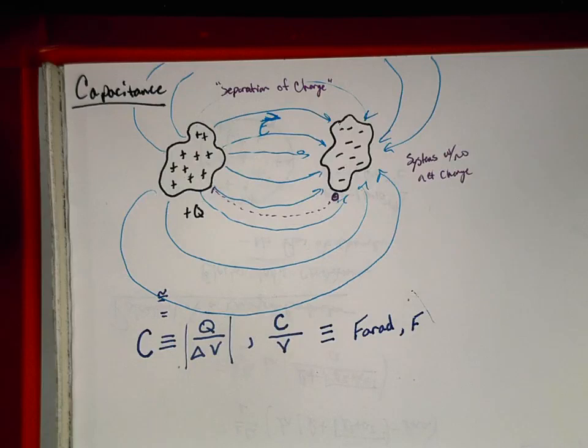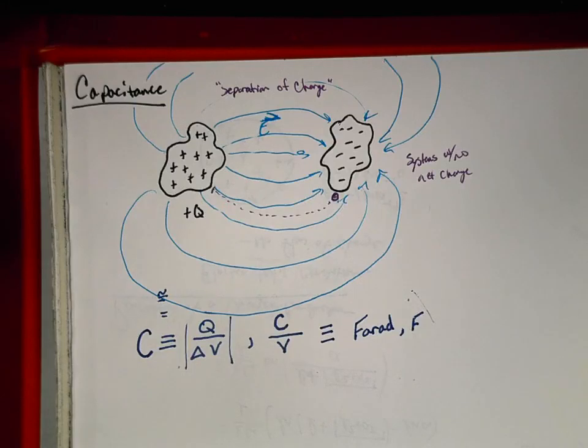If you actually have a capacitor that is exhibiting a 1 farad capacitance, you have stored a ridiculous amount of charge at a very high potential. Okay, you're dealing with a whole lot of potential energy there if you have a 1 farad capacitor.